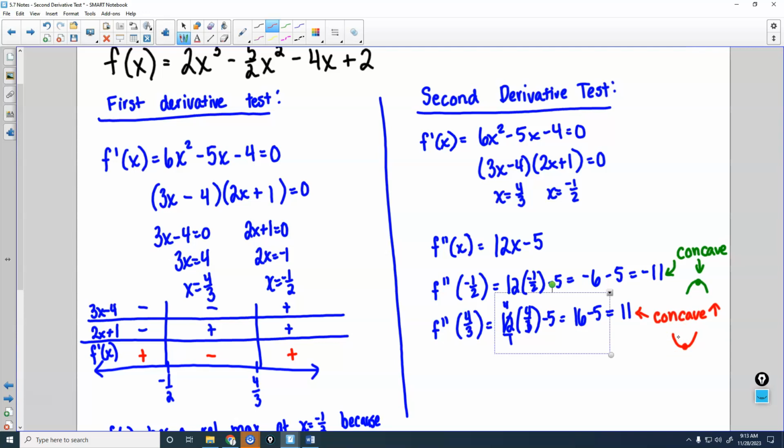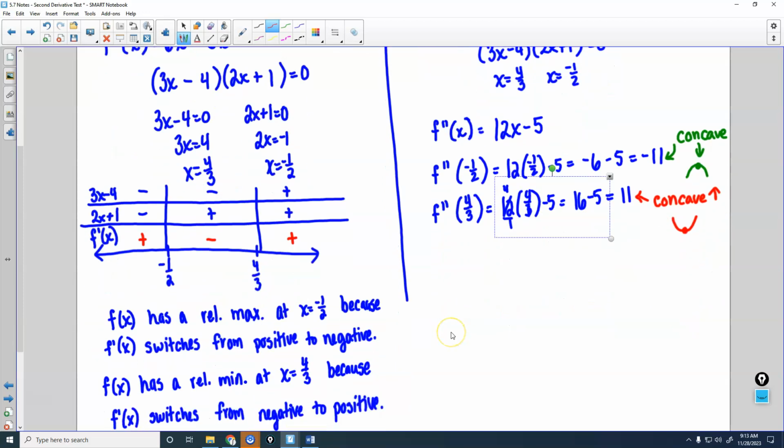Okay, so using the second derivative test, your conclusion is going to be different.